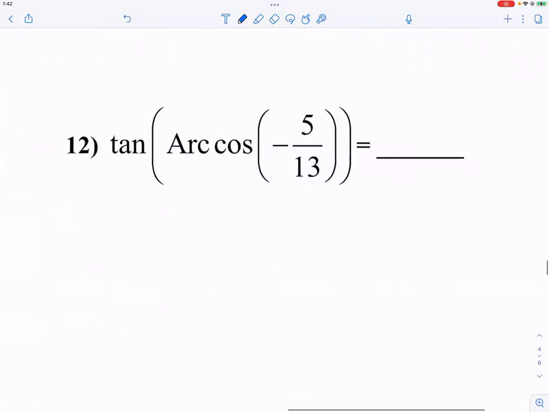Well, let's go ahead and take a look at number 12. So we have a negative ratio sitting inside the arc cosine. All right. Well, if that's the case, what kind of information can we tell from this expression here?